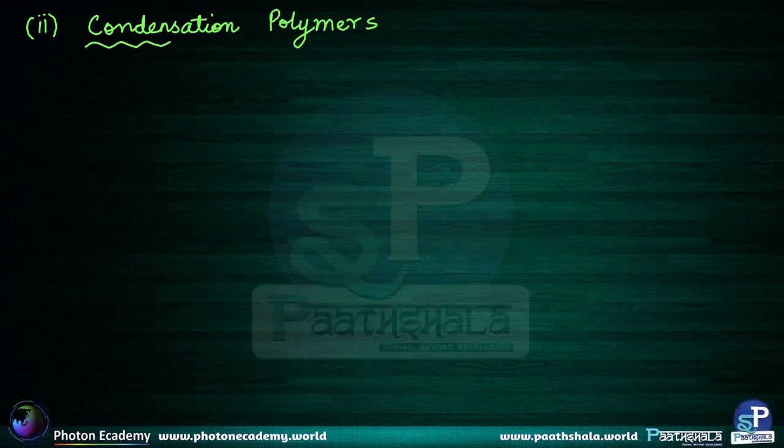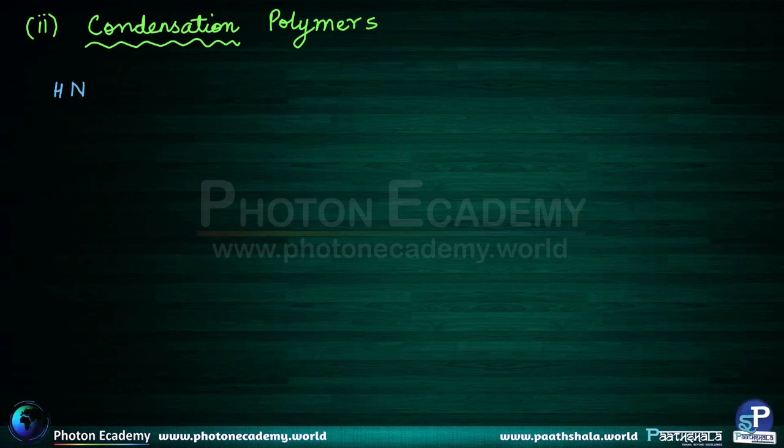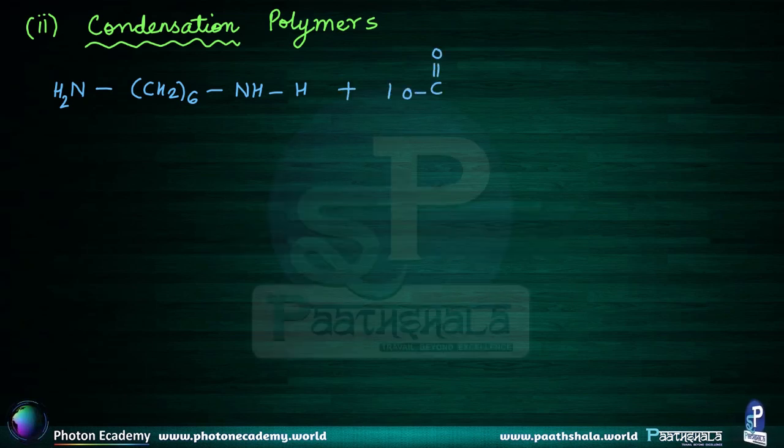Okay, so condensation polymers. Now, condensation polymers, let us begin by taking an example. We have already seen an example before, that was nylon 66. So refreshing the memory over here, let us take this hexamethylene diamine over again. So we have got CH2 whole 6, then we have got NH, now I'm writing the H like this, and we have got C double bond O H, and now here we are taking CH2 8.